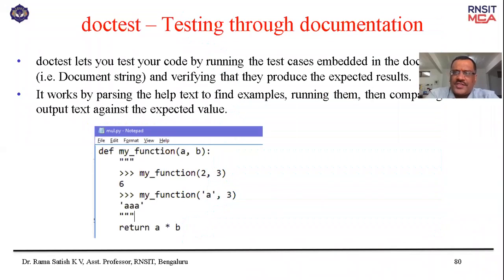Basically, docstring, we know very well. For any function, class, or method you write, inside it you write a comment as the first line. The first line comment, whatever you write inside a function, class, or method, is called a docstring.